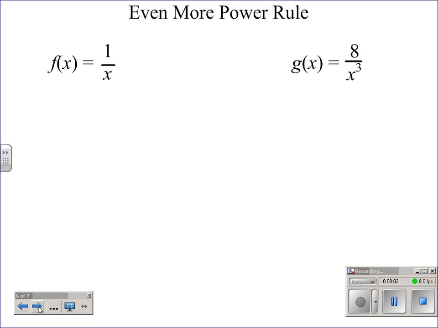The power rule also works on powers in the denominator of a fraction. You just have to bring the term out of the denominator. To do that, you have to make the power negative, then apply the power rule.